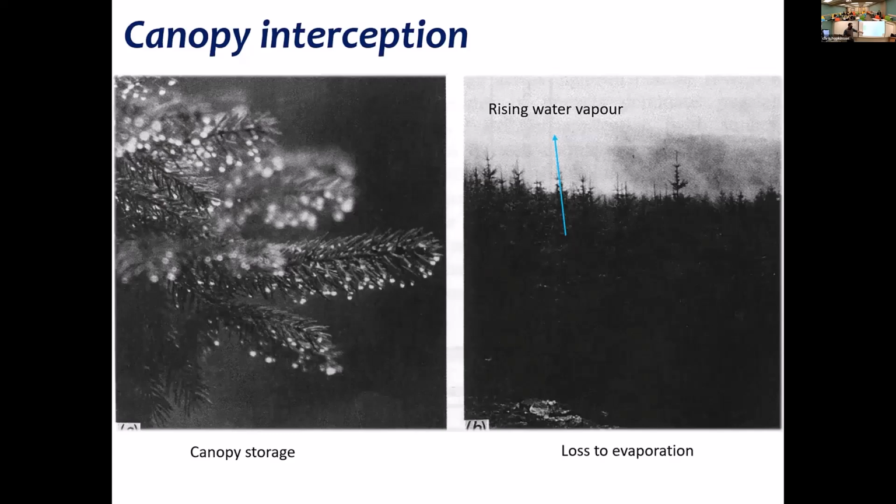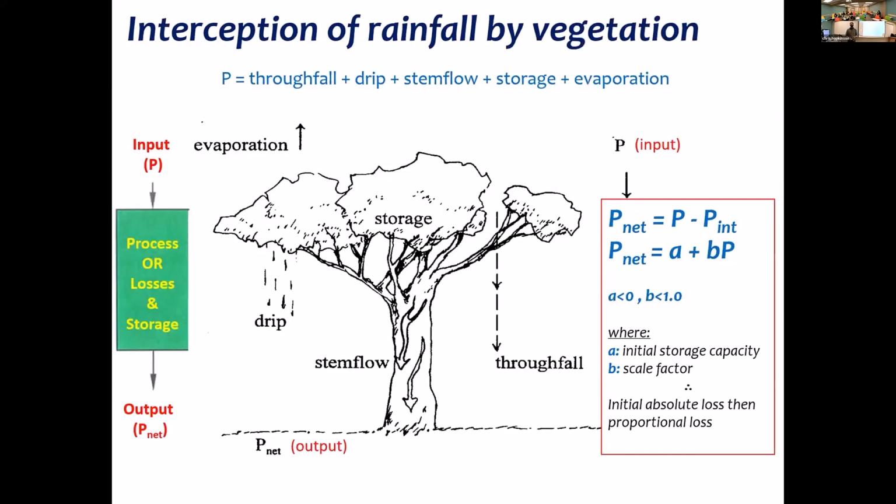So then there's the vegetation attributes themselves. So species, age, ecosystem type, all of these things are going to play into it. And you can still control the structure of the canopy. So it could be as simple as whether it's needles or deciduous broadleaves, or things like leaf area index. If there's a lot of foliage, then it's going to have a lot more storage capacity than if there's less foliage.